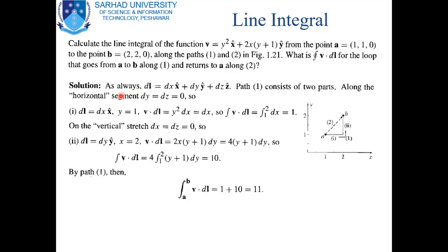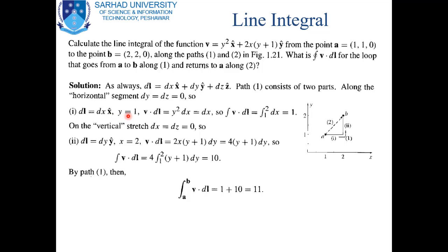For the horizontal segment, dy and dz will be equal to 0, so y and z are fixed, and our differential length will be only the x element. So dl will be equal to dx x cap.